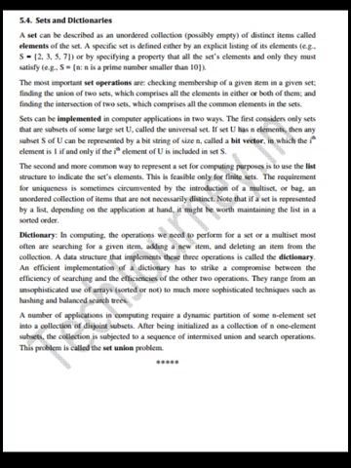An efficient implementation of a dictionary has to strike a compromise between the efficiency of searching and the efficiencies of the other two operations. They range from an unsophisticated use of arrays, sorted or not, to much more sophisticated techniques such as hashing and balanced search trees.